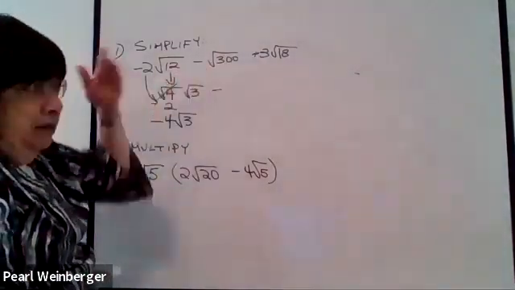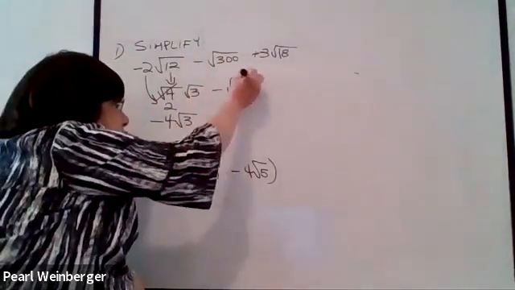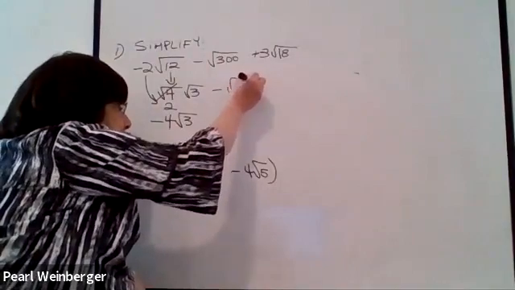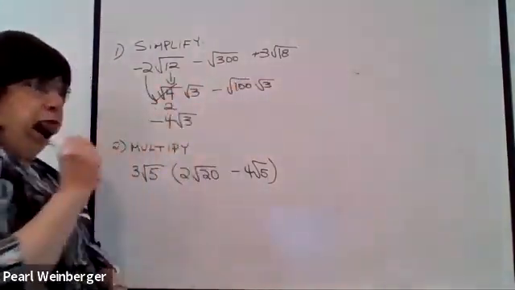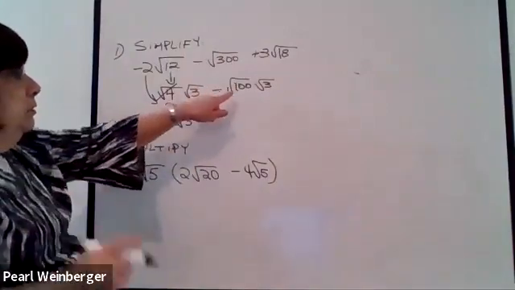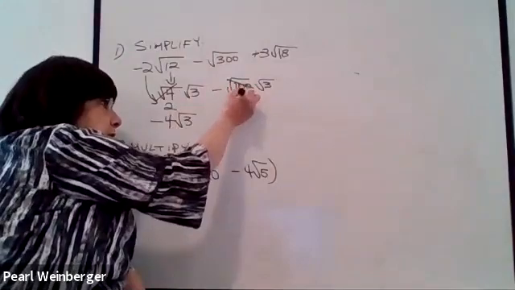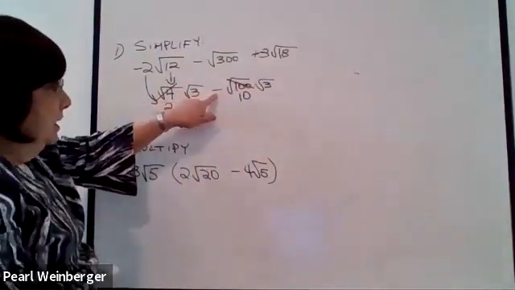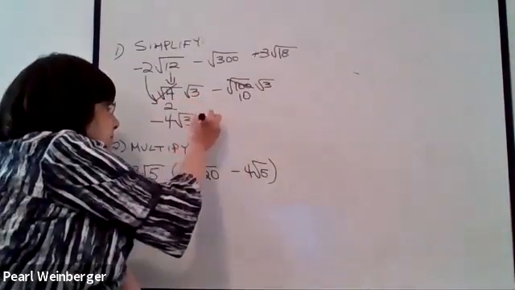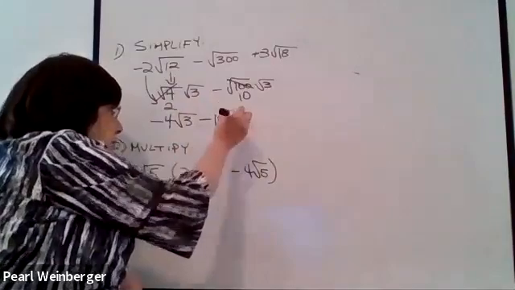And it hit me that 300 could be broken up into 100 and 3, because 100 is a perfect square. So I take the square root of the 100, so that just becomes plain 10. Outside the radical, there's a negative in front of it, so that becomes -10 radical 3.